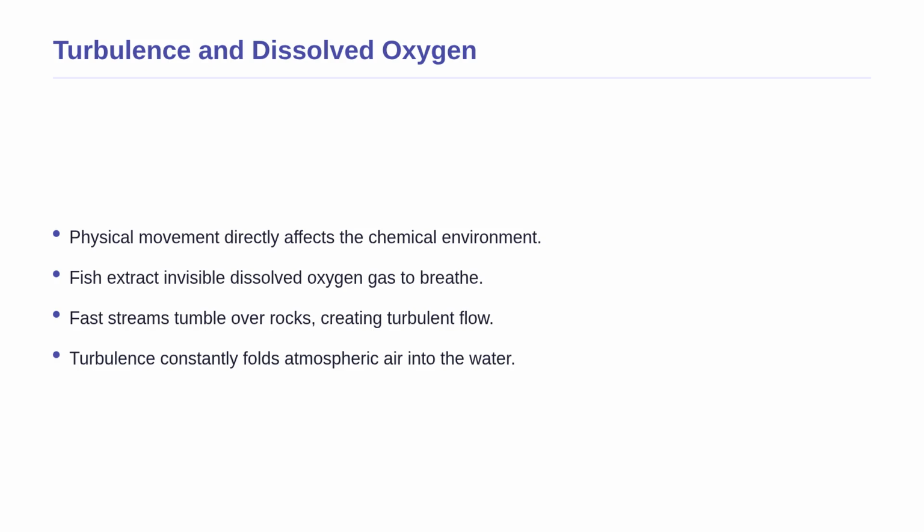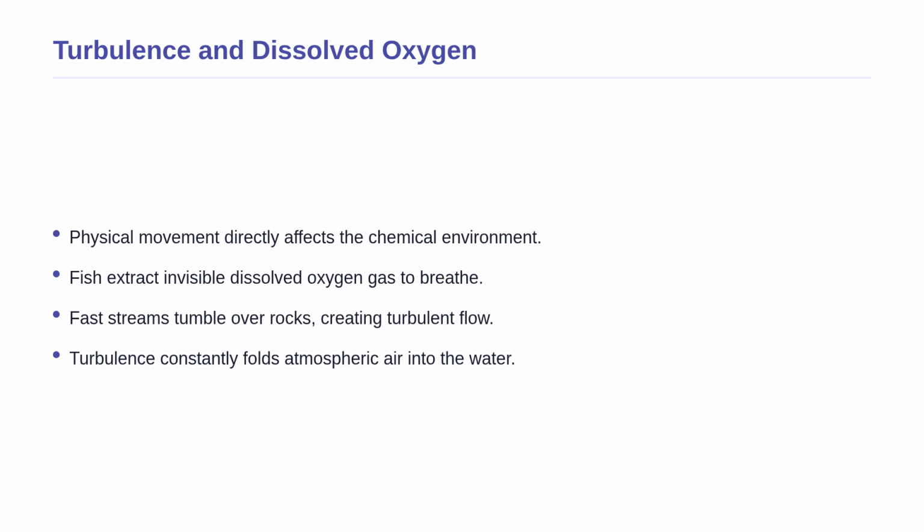This brings us to how this physical movement affects the chemical environment, specifically dissolved oxygen. Unlike terrestrial animals, fish must extract invisible dissolved oxygen gas directly from the water to breathe and survive. In still water, oxygen only slowly diffuses into the surface layer.